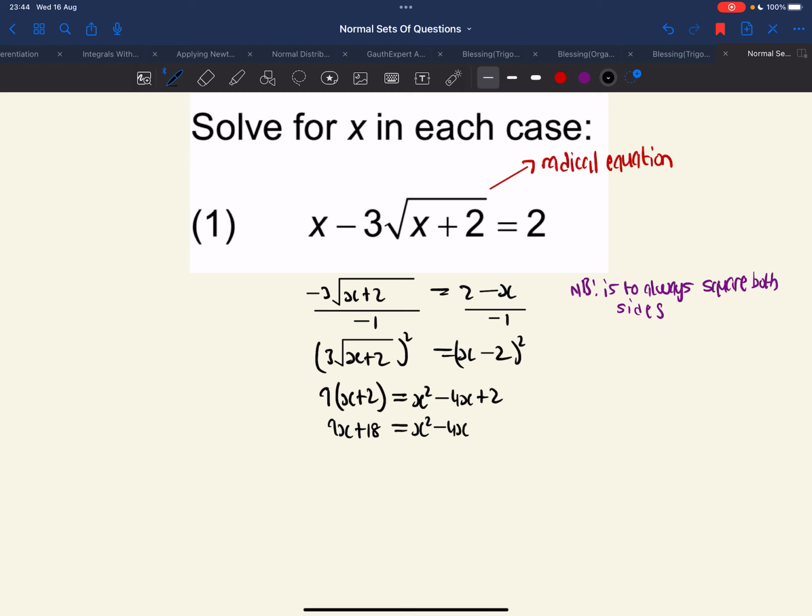Sorry, it wasn't supposed to be 2 there. It was supposed to be 4, and then plus 4.